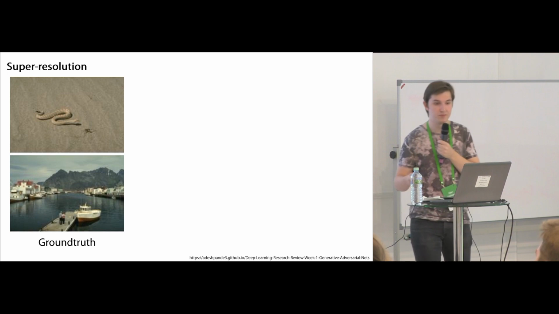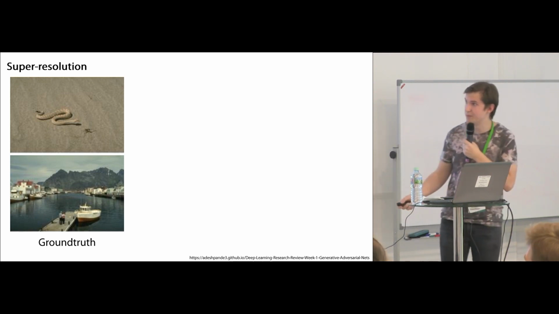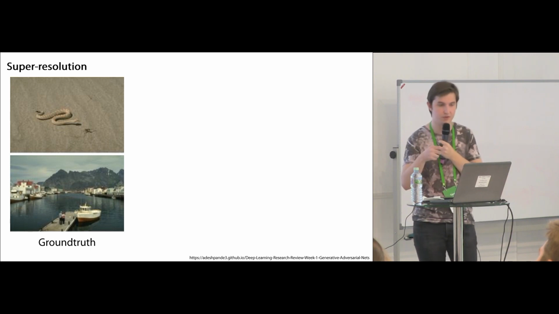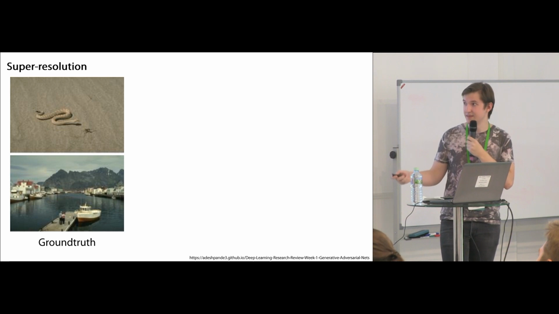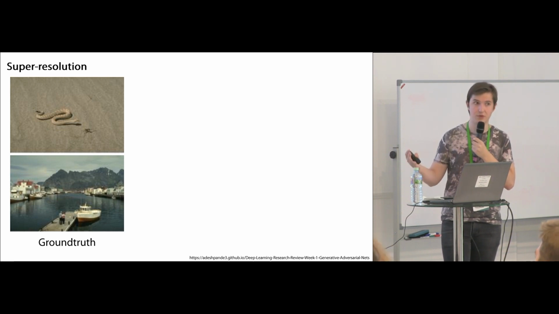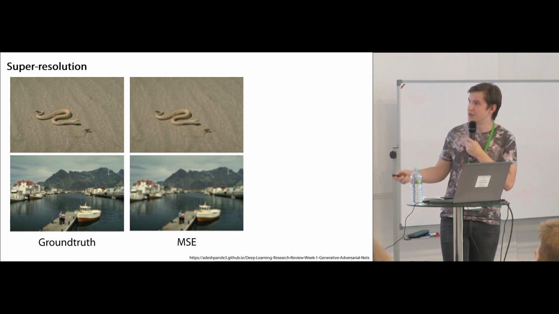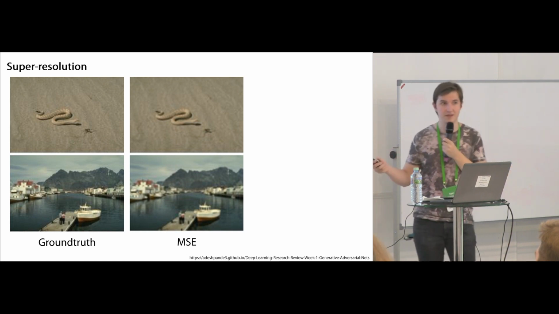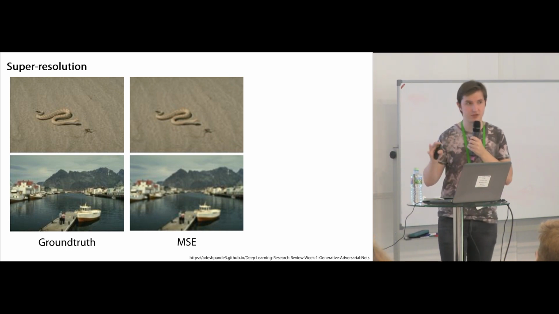But let's see what happens in practice. When we have a ground truth image, which is very crisp, and we optimize with respect to mean squared error, we get a very blurry image. I hope you can see that on the projector, but on your monitors you will see it in more detail. This is not related to our optimization process or whatever.